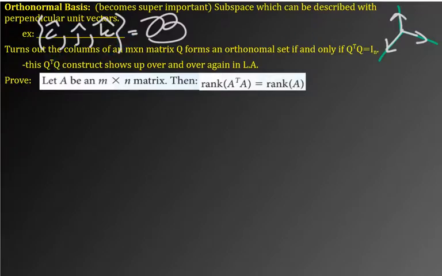This problem doesn't necessarily have to do with Q^T Q; it is sort of related, but I'm not going to make a connection at this moment. But for an m by n matrix A, the rank of A^T A, not A T, Star Wars, equals the rank of A.